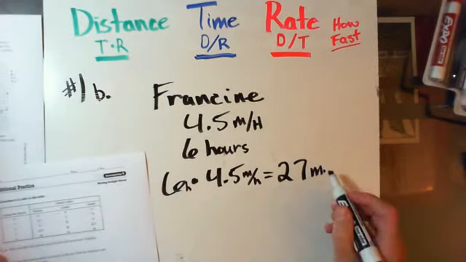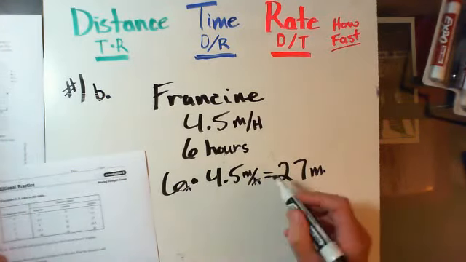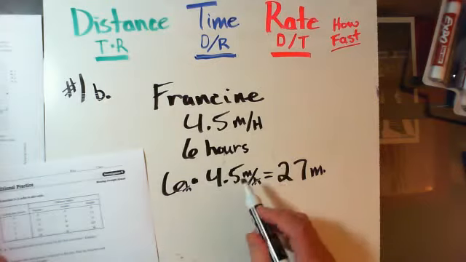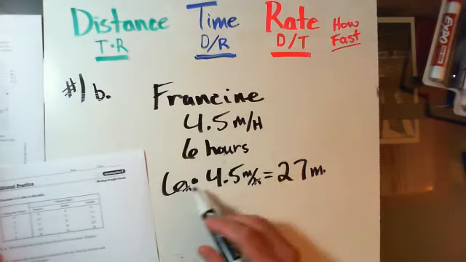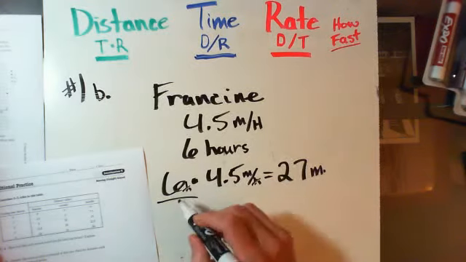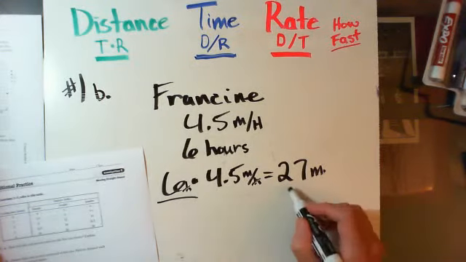Miles. Notice that we have hours here and hours there, and they kind of cancel each other out, and all we're left with is the miles. So that's how you'd figure out how far each of the riders went in 6 hours. Multiply their rate times the time, or the time times the rate, and you'll get the distance.